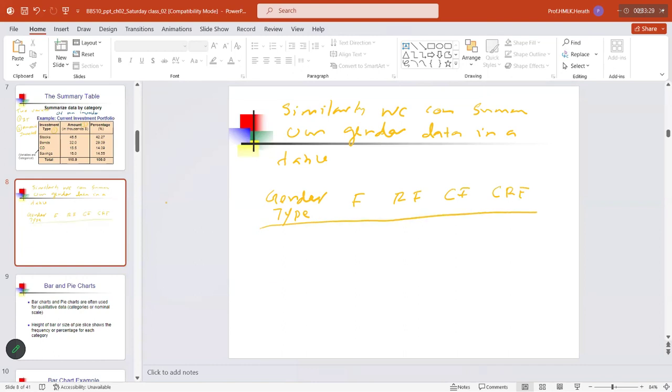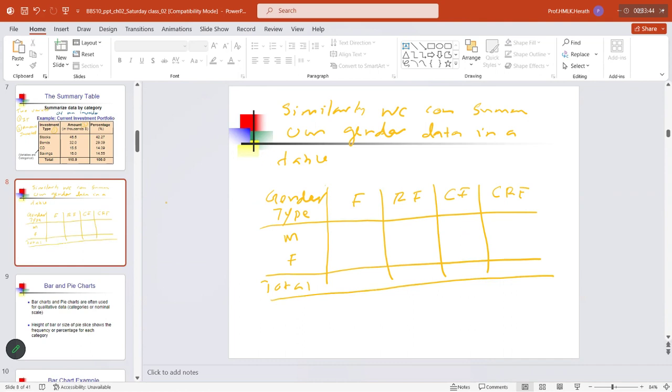This is also one way that we can summarize the data: male, female, total. We had 8 and 7, relative frequencies 0.53 and 0.47. The cumulative frequency is 8, then 15, and the cumulative relative frequency is 0.53, then 1.0. So we can do it like this.